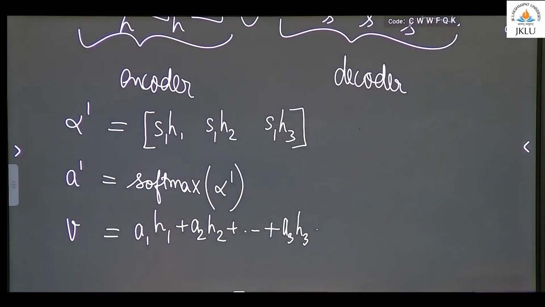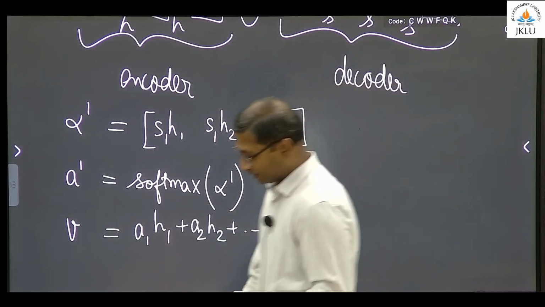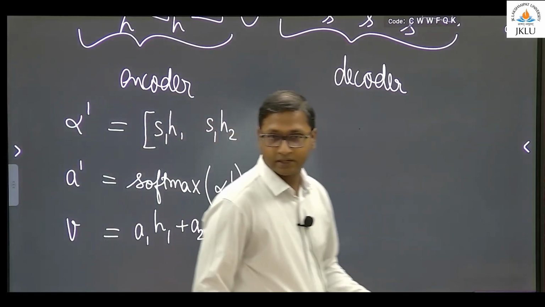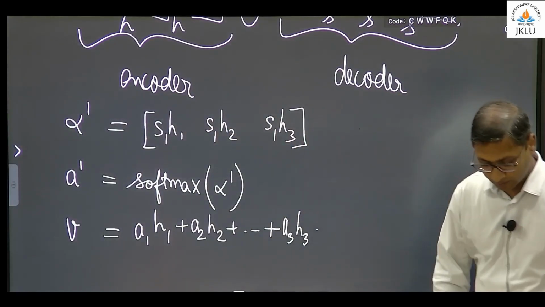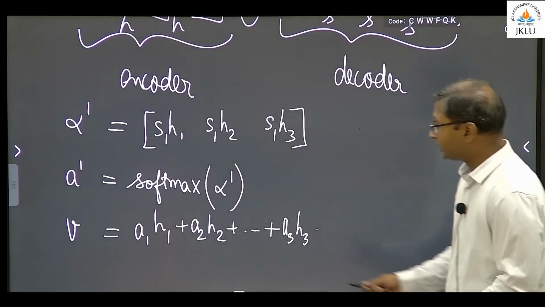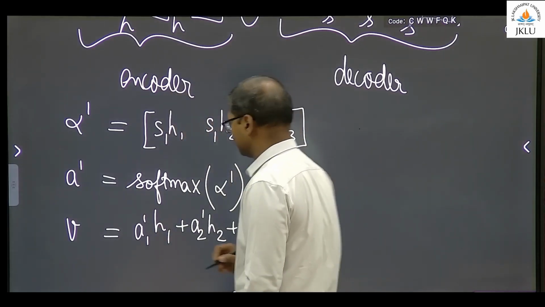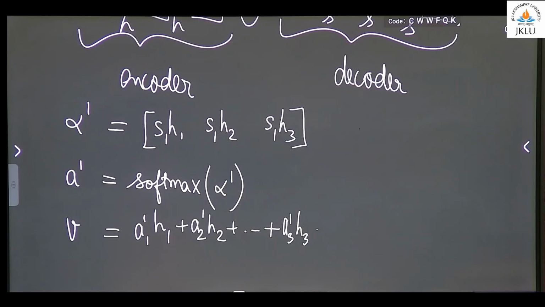What are A11, A12, A13? They are actually probabilities, right? Okay.